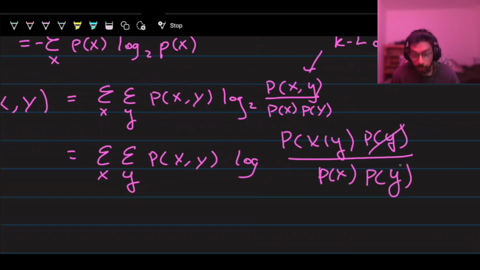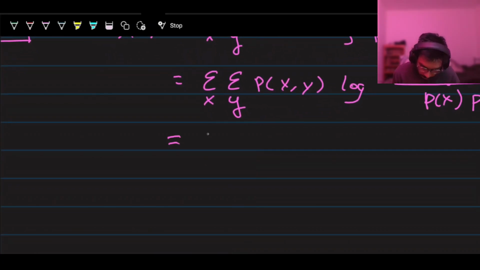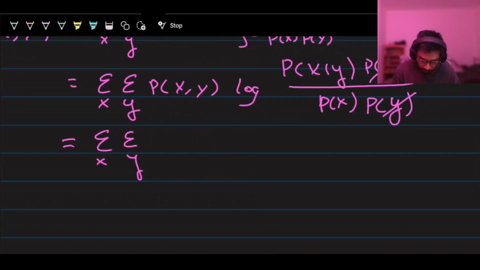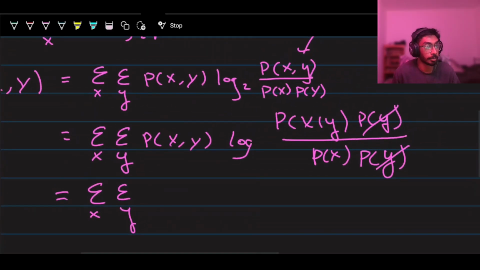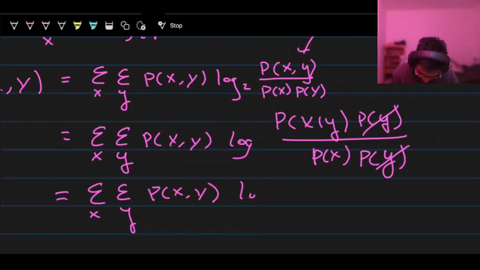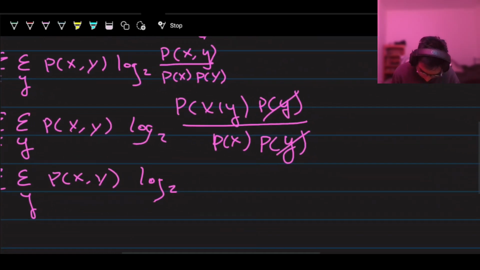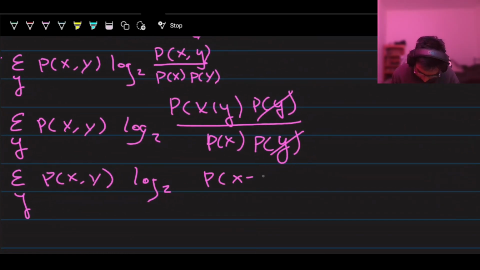Here we can cancel p of y, and using log laws, we subtract the denominator from the numerator and get p of xy times the log of p of x given y minus the log of p of x.